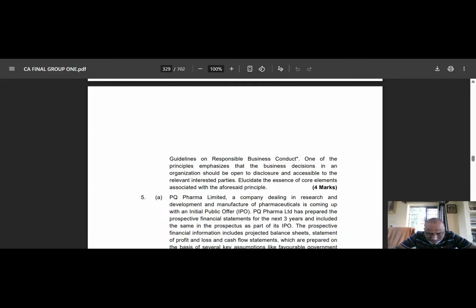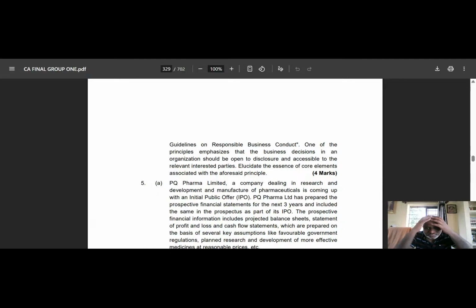One of the principles emphasizes that the business decisions in an organization should be open to disclosure and accessible to the relevant interested parties. Elucidate the essence of core elements associated with the aforesaid principle.